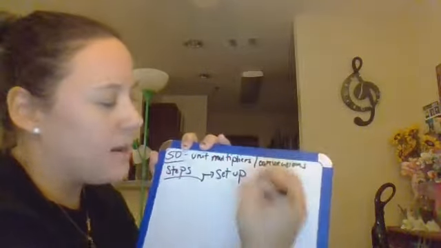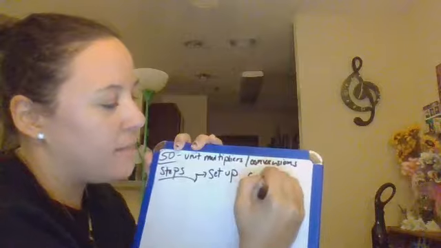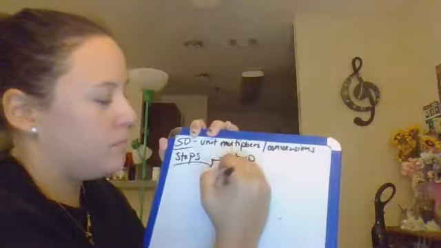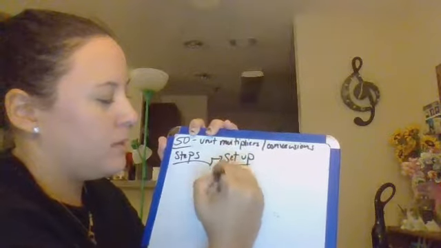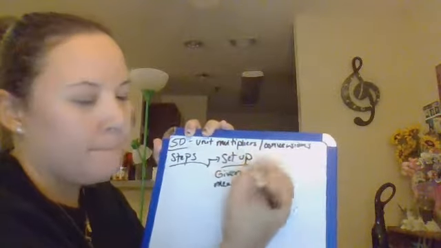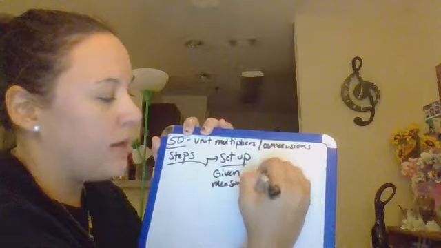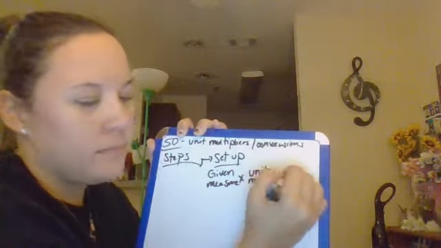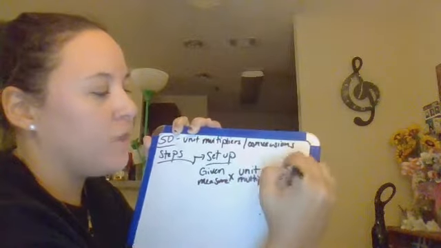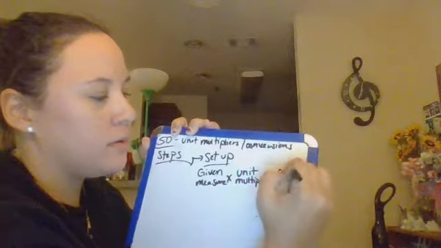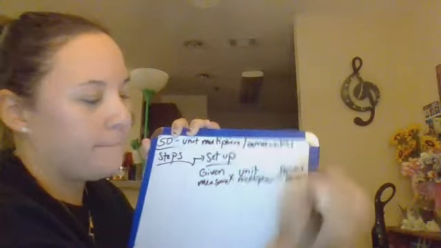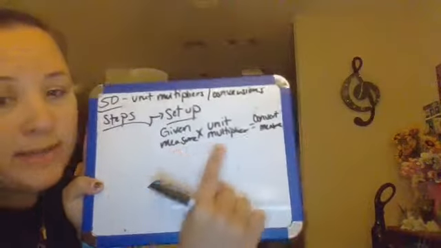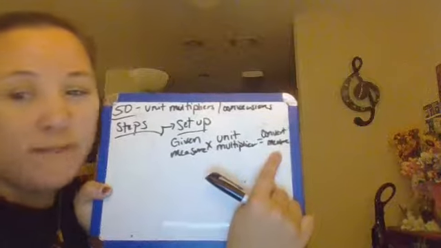So the way that we set it up is we're going to have our given measure times our unit multiplier is going to equal our converted measure. So we have our given measure times our unit multiplier equals our converted measure.